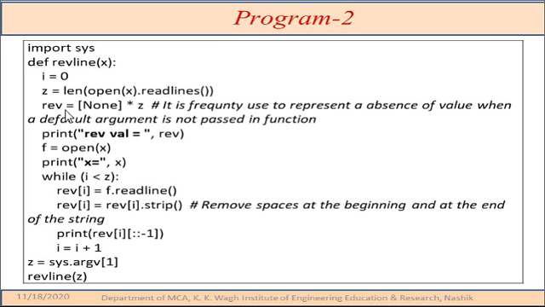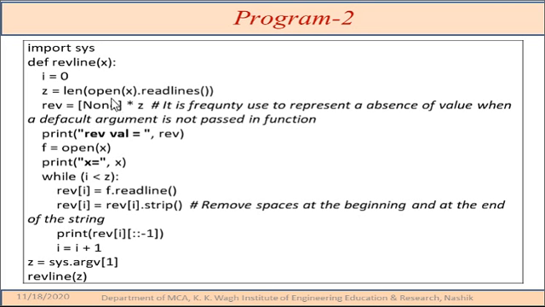Next, I take one more variable called rev functions, defined as None into z. What is the use of None here? It is frequently used to represent the absence of a value when a default argument is not passed in a function.